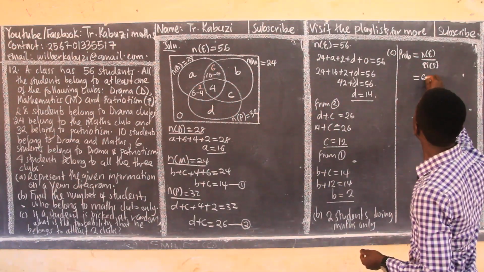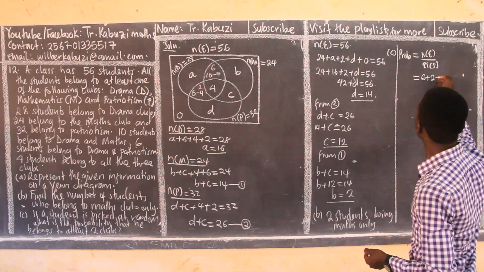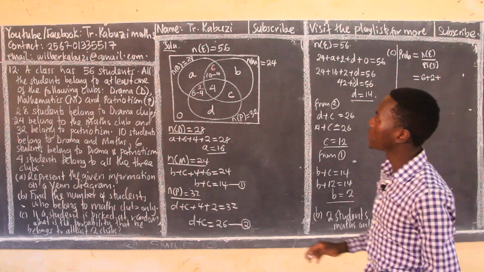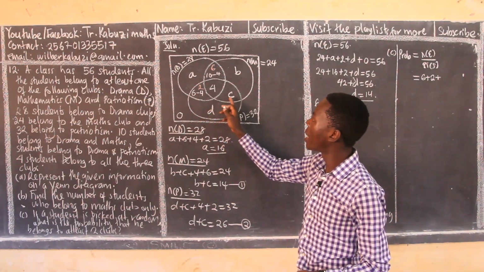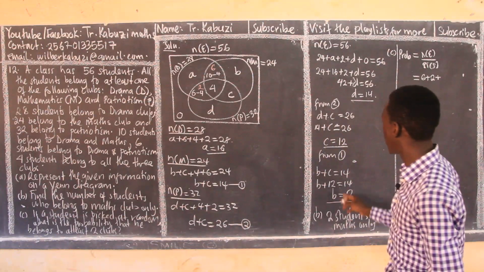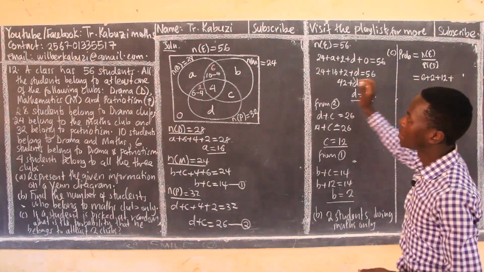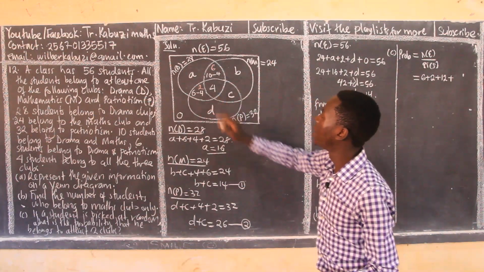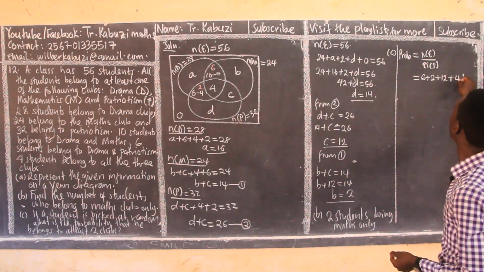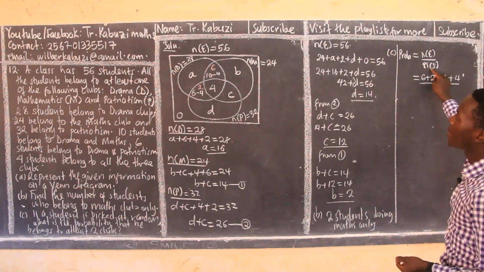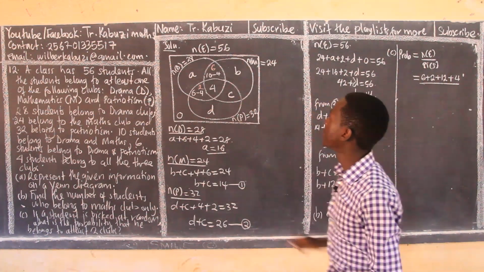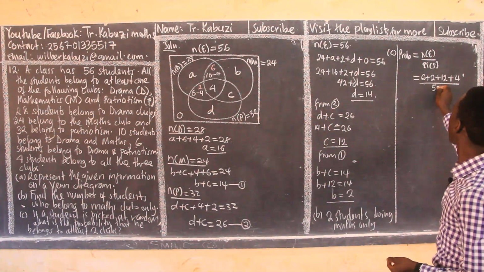So we have 6 plus 2 plus, of course, now my C, which we have obtained as 12, then plus those who are doing 3, which are 4 students, all over the sample space, which is 56.